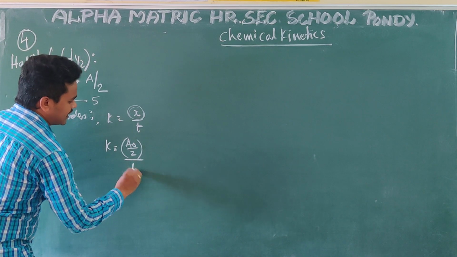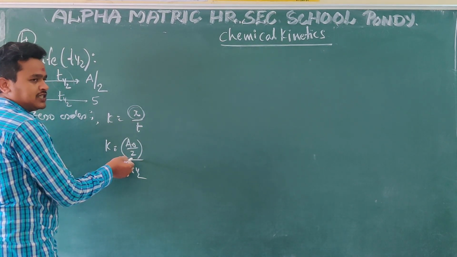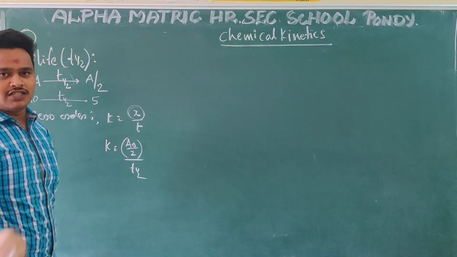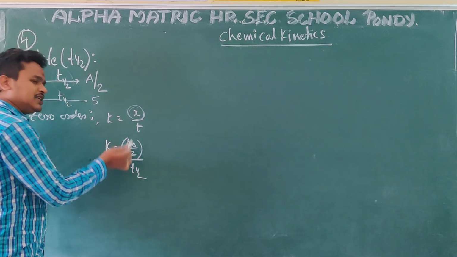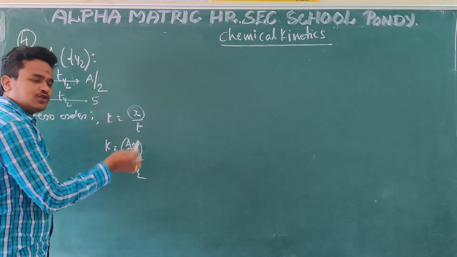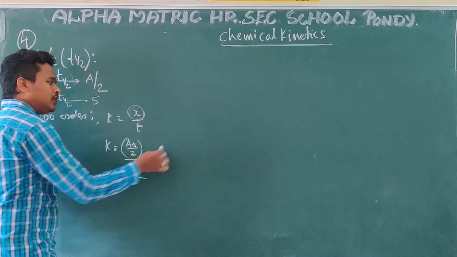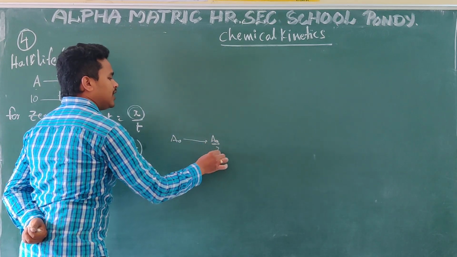And now time will become half. What is the change here? A by 2 is the change. Initially 20, now it is 10. The change is 20 minus 10, which is 10, half of 20. So that is A naught by 2. Why am I writing A naught by 2? Initially A naught, now it will become A naught by 2.